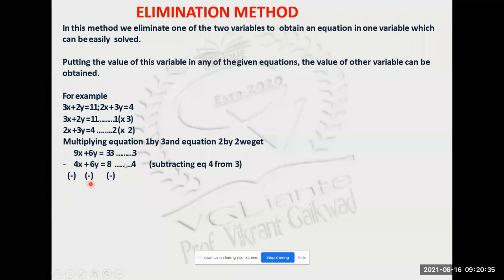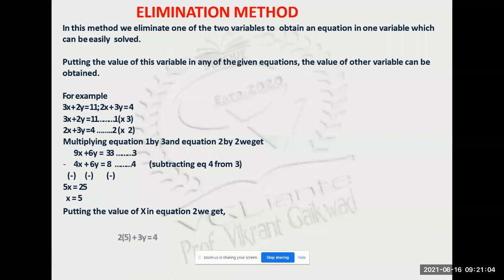After subtraction, what happens? In the fourth equation here, we'll change the signs. So positive 4x will become negative, positive 6y will become negative, and positive 8 will become negative. Understand? Because of that, 6y will be cancelled out. We get 5x equals 25. x is equal to 5.